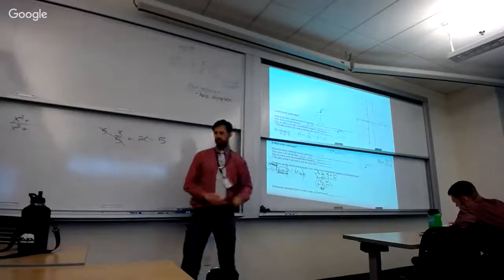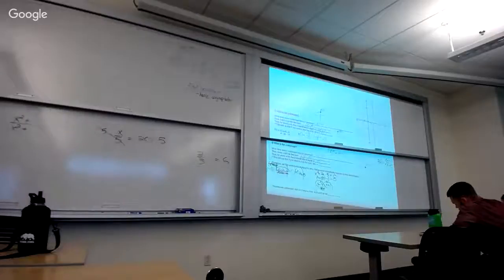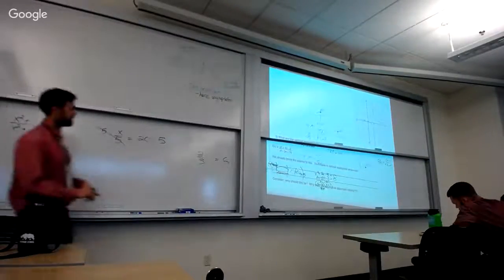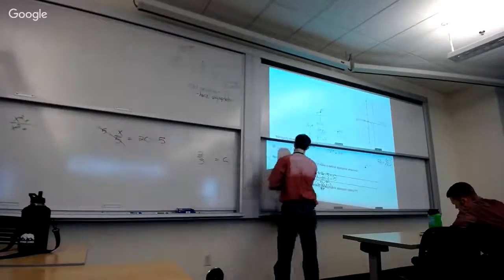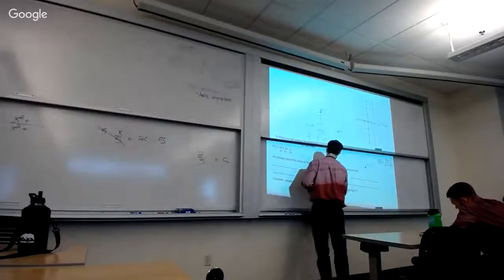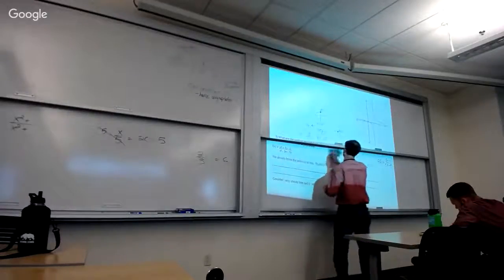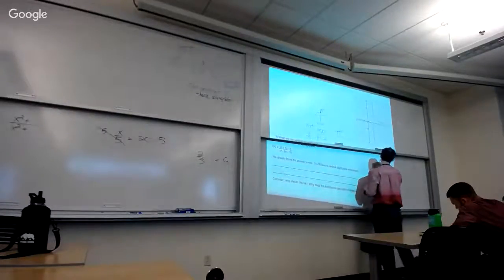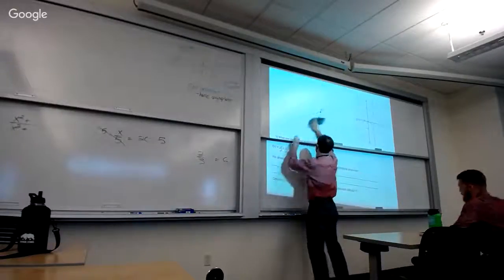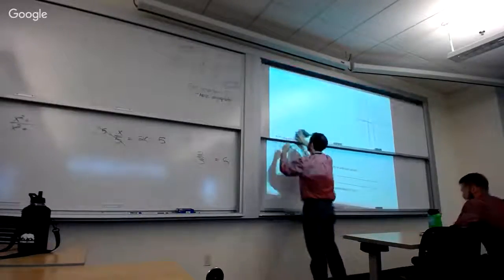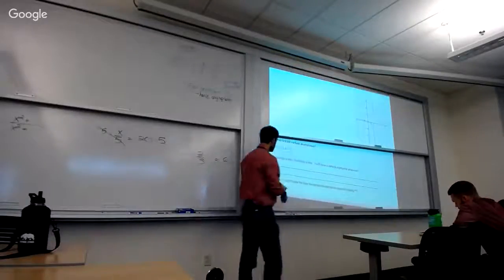Okay, let's keep going. We now know how to find y-intercepts and x-intercepts. Where are the vertical asymptotes? No, those are just the denominator. So we've seen that. If you want vertical asymptotes, you just look at the denominator. There we go. So we already know the answer to this.